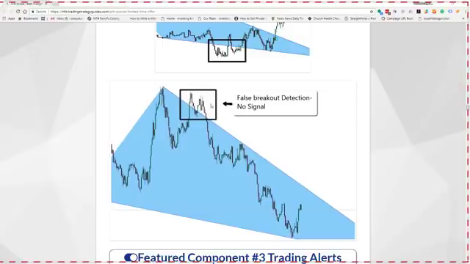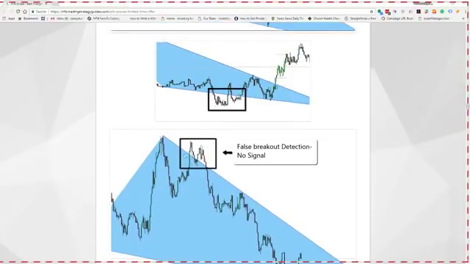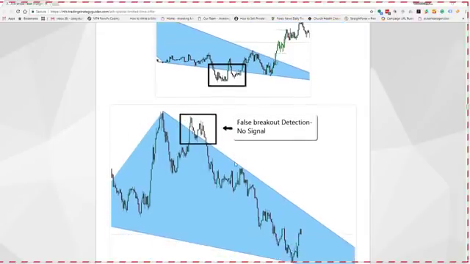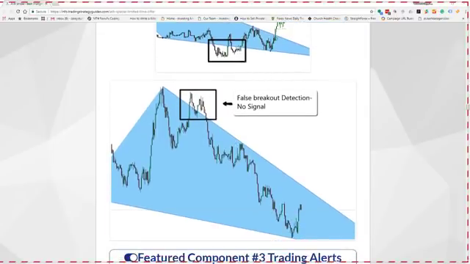So yeah, here you can see it. You can see how this breakout here did not trigger a signal. It will not always trigger a signal, and the way that it does that is it has to have a certain number of touches to the triangle before it will actually trigger the signal. So that's how it comes up with the false breakout.